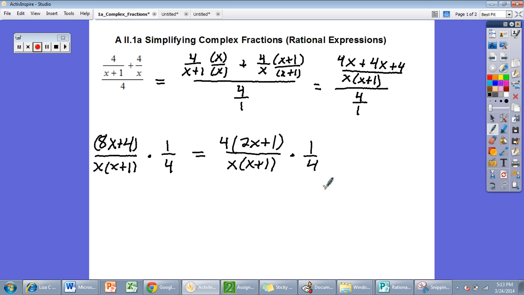And this is where we want to cancel any common factors if we can. We've got everything as factored as we possibly can. So we have a common factor of the 4 on the top and the bottom. Nothing else can be canceled. So our final answer here is 2x plus 1 all over x times x plus 1.